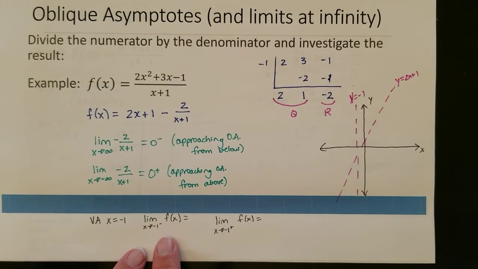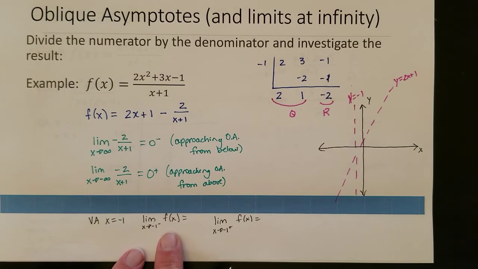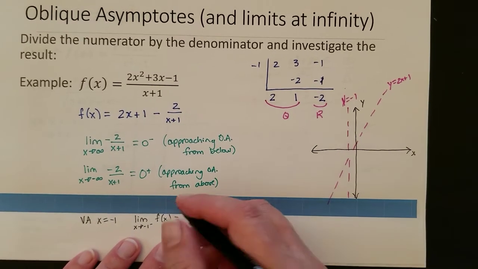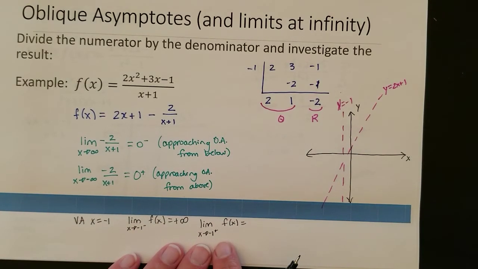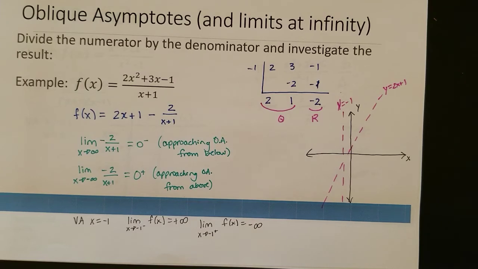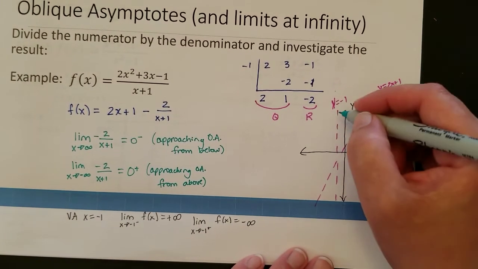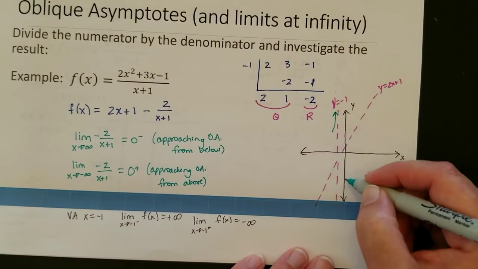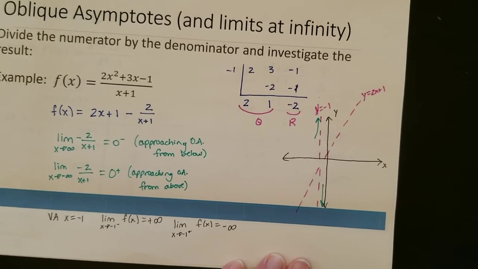So whichever way you go about this, as you come up to -1 from the left, you're going to get big positive numbers. And as you go towards -1 from the right, you're going to get negative numbers. So if I go over to my graph, I would see this as the behavior around that vertical asymptote, just like we did before.